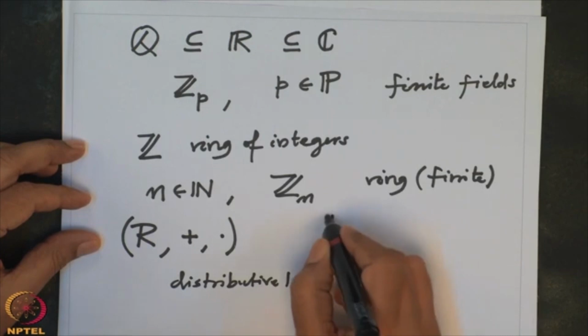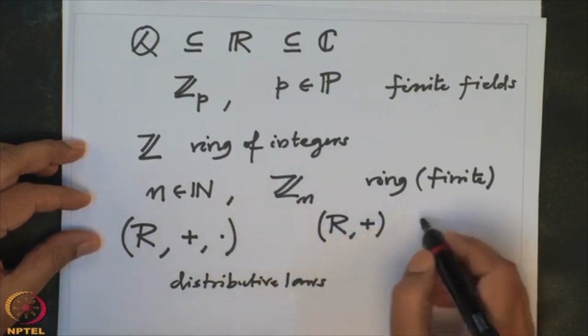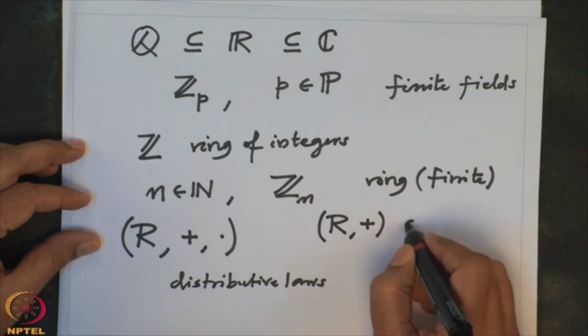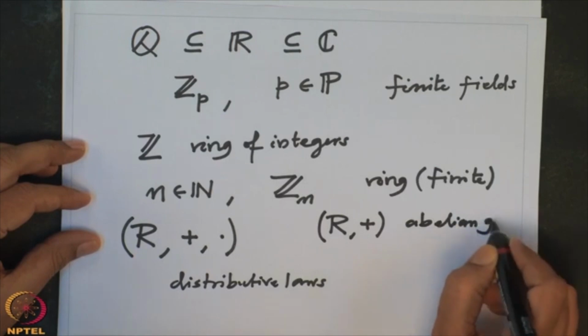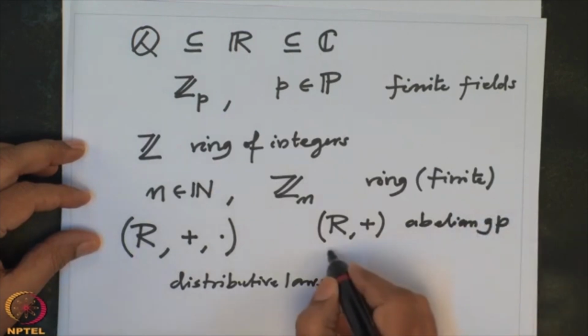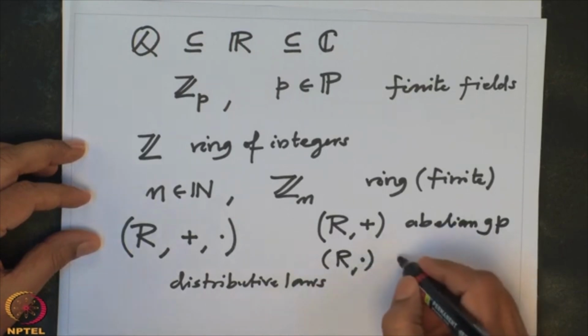And obviously R with the addition, like in the case of fields, is an abelian group, and R with multiplication is only a monoid.